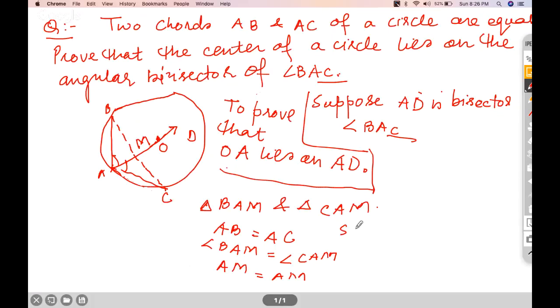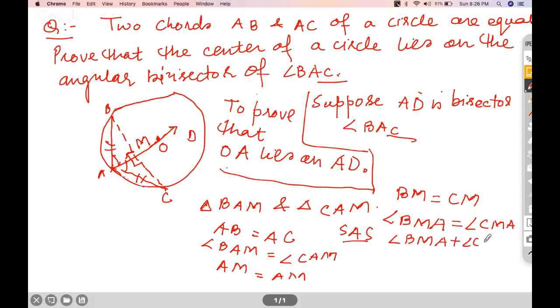So I have side angle side congruency, and in it I have BM equal to CM. I also know that these two angles would be equal because they are opposite equal sides, AB and AC. So I know that angle BMA is equal to angle CMA, and angle BMA plus angle CMA is equal to 180 degrees.